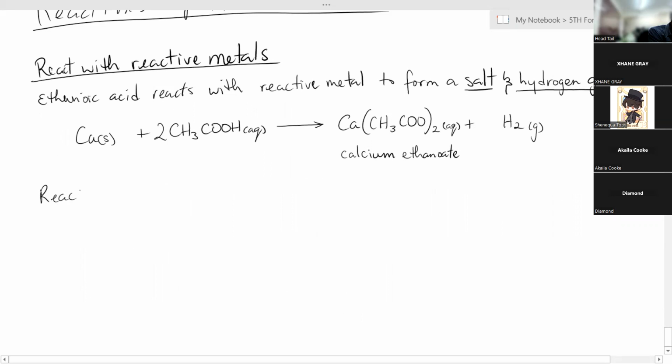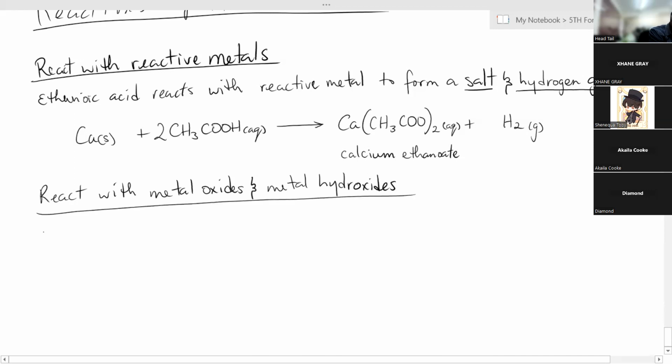The next one, they react with metal oxides and metal hydroxides. So that's what happens here. We're using ethanoic acid again.